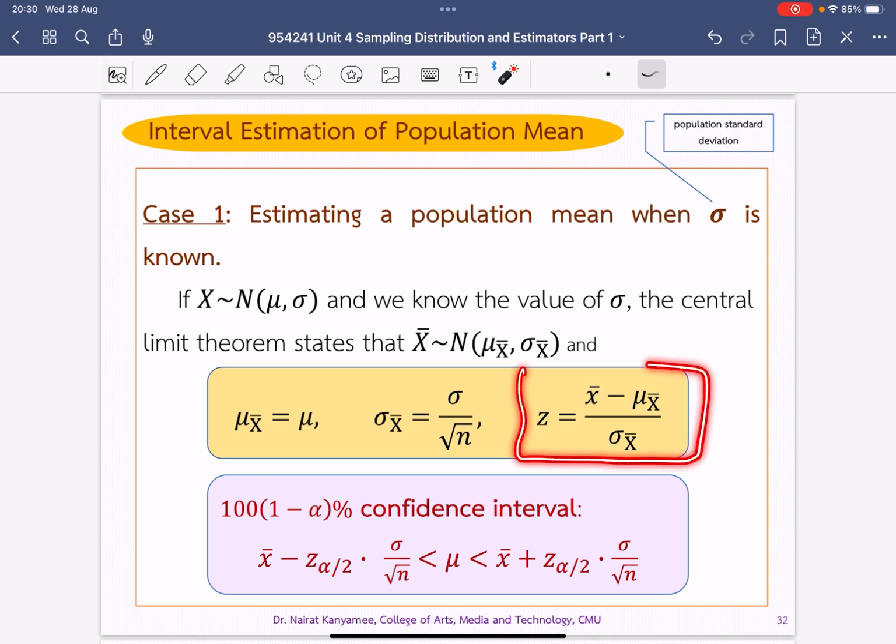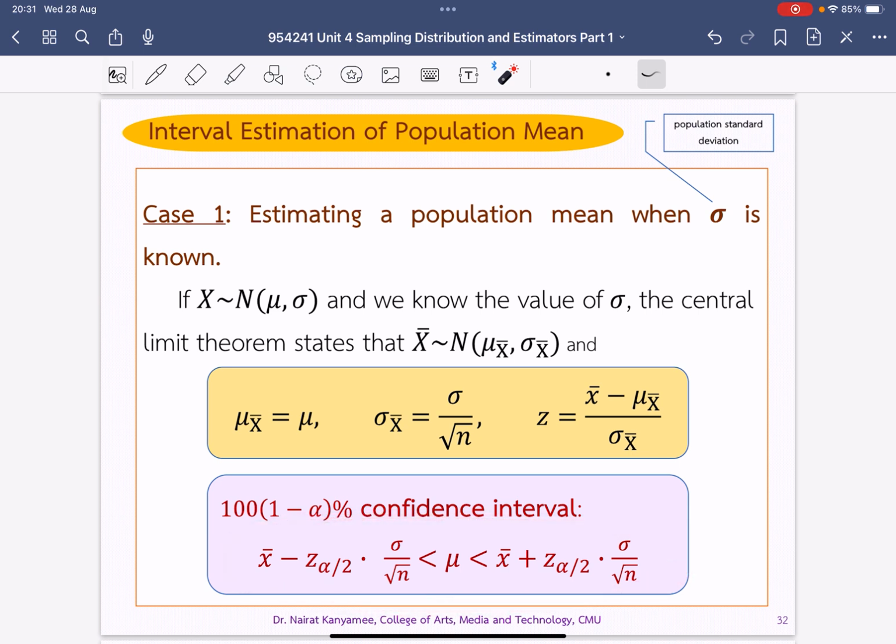To find the z-score, it's x bar minus mu x bar over sigma x bar. With a confidence level of 1 minus alpha, the confidence interval can be computed this way.